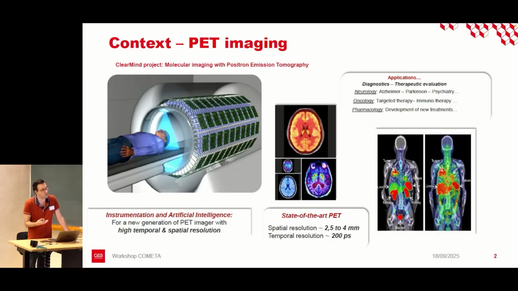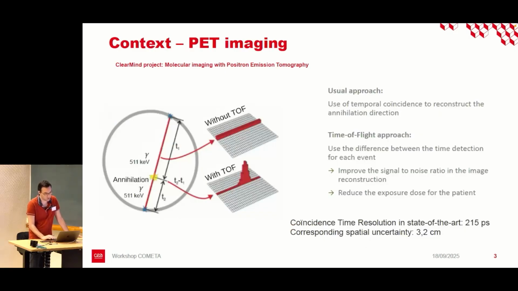It is already efficient, but the problem is that we have to inject a radioactive tracer into a patient, so we have to limit the dose that we inject. So we have to be very efficient in signal to noise ratio. That's why we need new instruments and new processing for these instruments to help achieve better signal to noise ratio and better resolution.